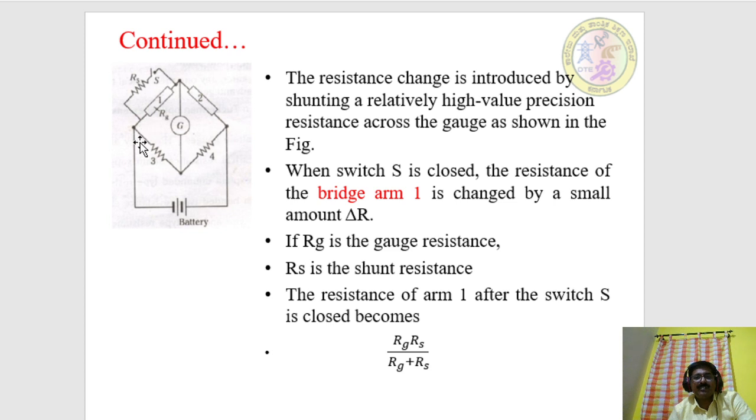The resistance of arm 1 after the switch is closed becomes Rg into Rs divided by Rg plus Rs.